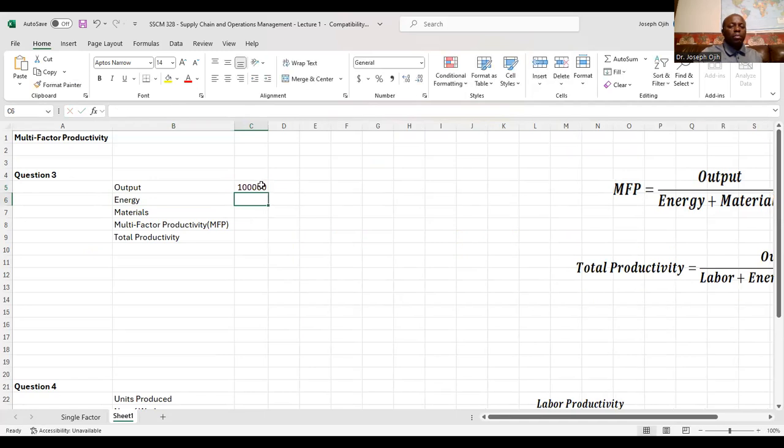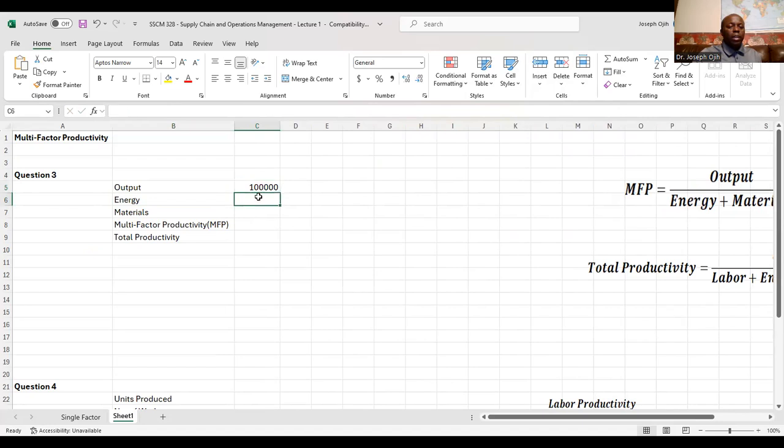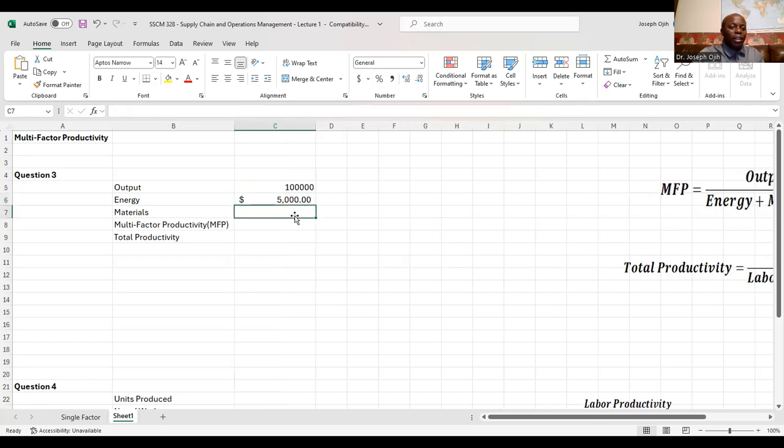The energy got 5,000 as the cost of the energy. That's what they say in the question. Output is in pounds. All right. The material costs 30,000.